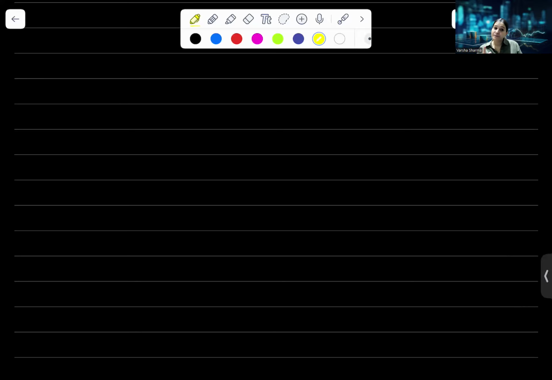Now that event can be divided into different categories. The first category, depending upon how many outcomes there are in that event, is simple or elementary, and composite or compound. So if I say event of getting head in a coin, there is only one favorable case. There is only one answer for that. So this is a simple or elementary event because I cannot break it down further.